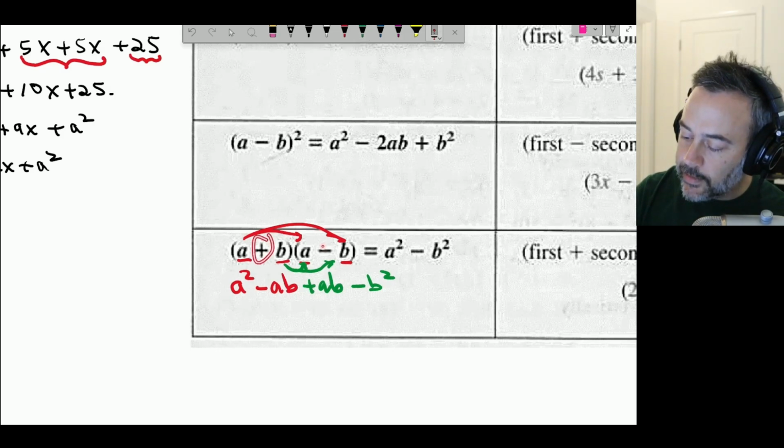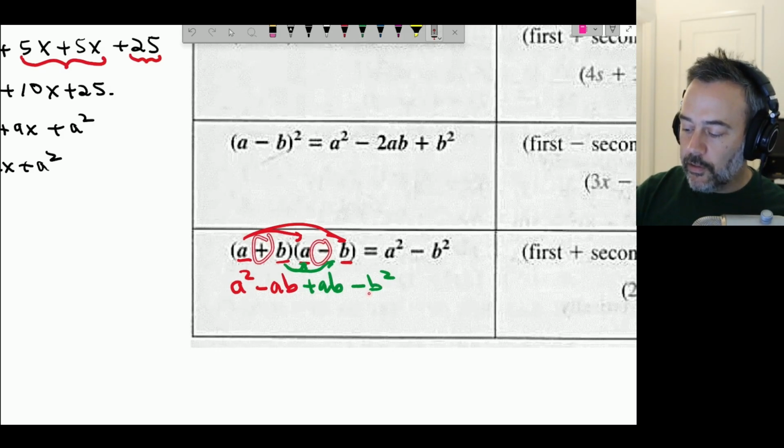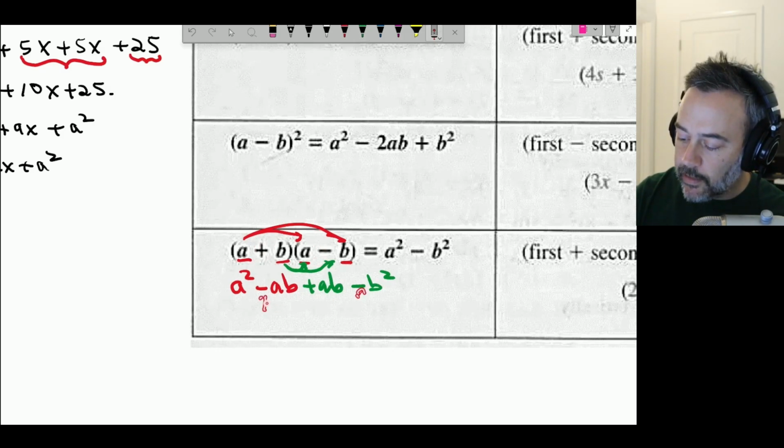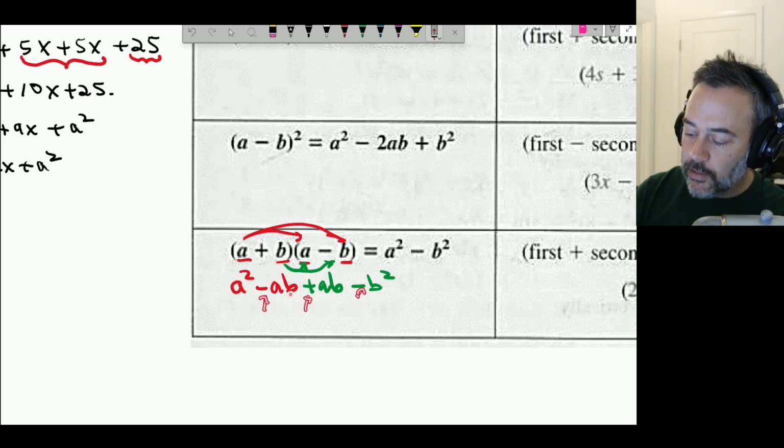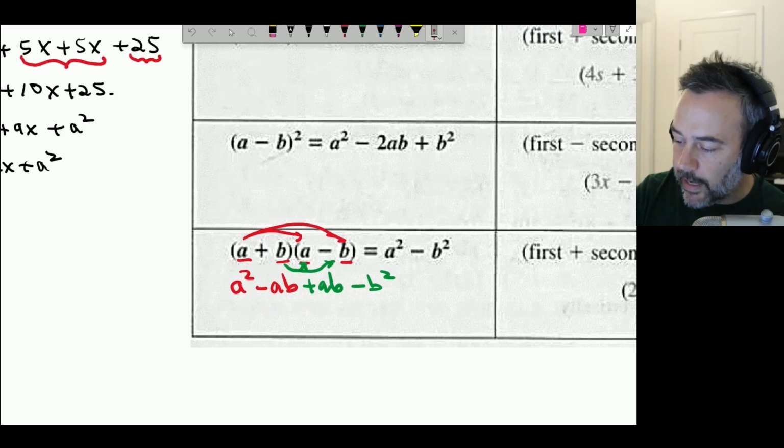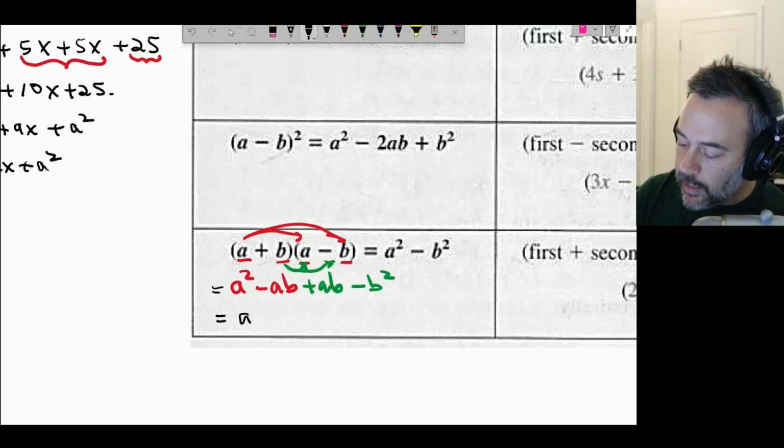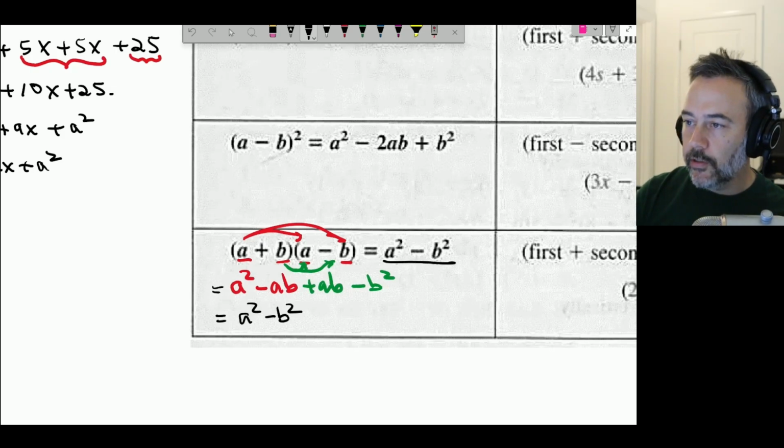Now, because the signs are different, you get a minus b squared, and these two have opposite sign. So what always happens is these two cancel each other out, or they sum to 0 is a better way to say it. So then this would be a squared minus b squared, which is what the book is showing.